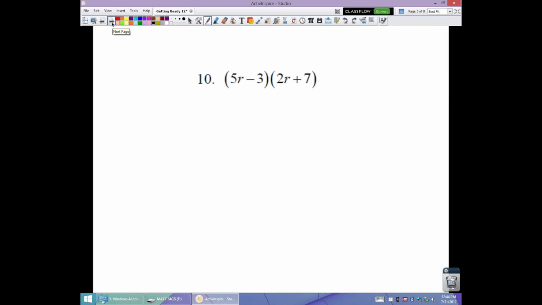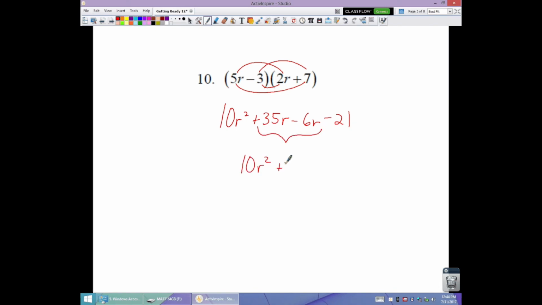Right? Number 10, first times first, 10r squared. Outers, 35r. Inners, negative 6r. And last, negative 21. Combine the r terms, 10r squared plus 29r minus 21.